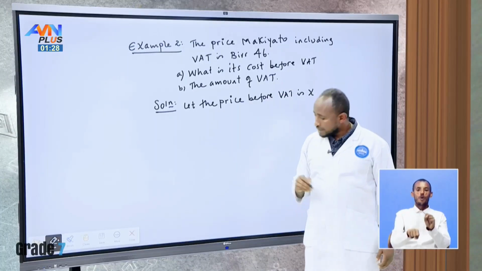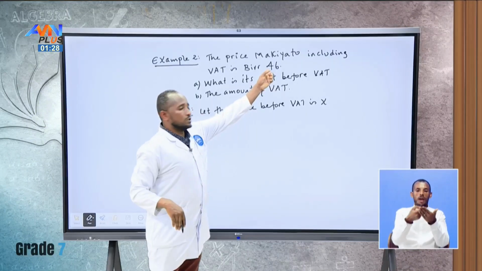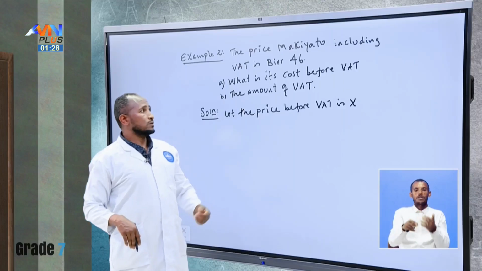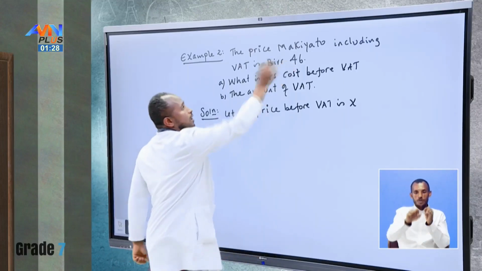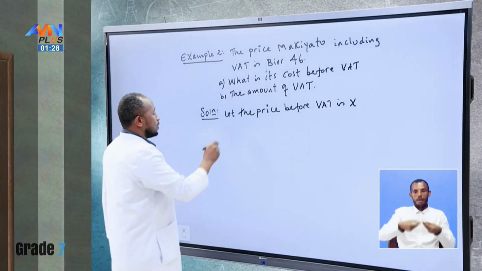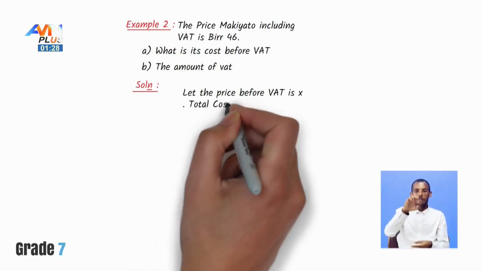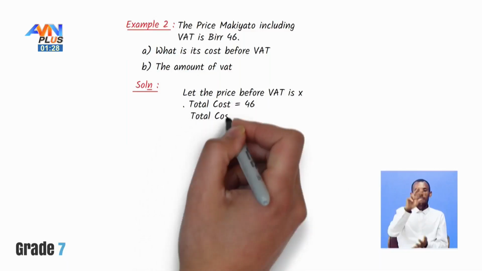The next step is, this cost 46 is the original cost including VAT. So the total cost is given, the total price including VAT is 46.